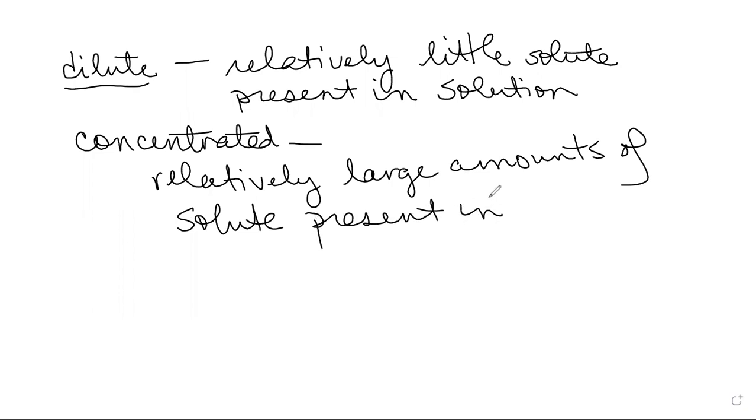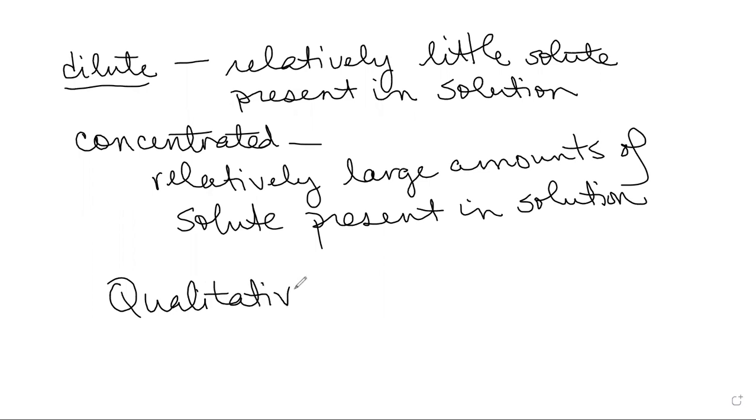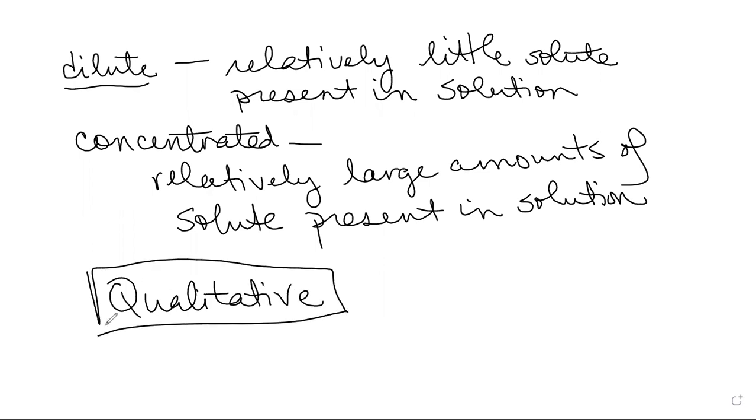The problem with these two descriptions is they're qualitative, and they can be very useful. It's not like we don't use those terms, but if we're trying to run an experiment and have everyone be able to reproduce it, and to have numbers and quantizations that can be relied upon, then we can't use a qualitative description of our solutions and then run a reaction and expect the outcomes to be the same.